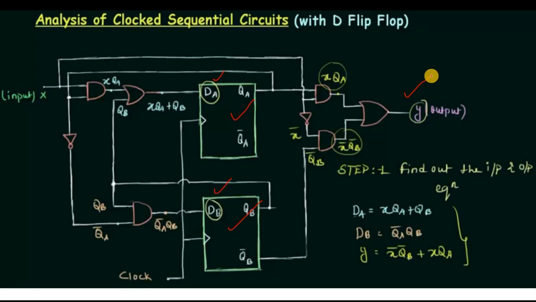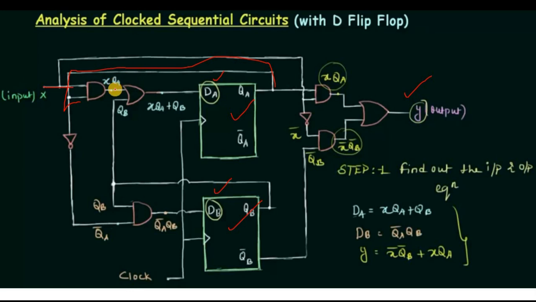If you look, QA is fed back as input to the AND gate, and input X is given to the AND gate. What is the functionality of an AND gate? It multiplies the inputs and gives X into QA.